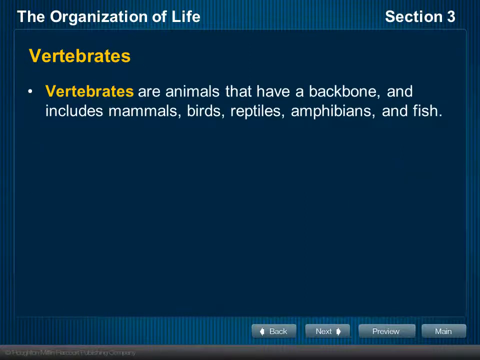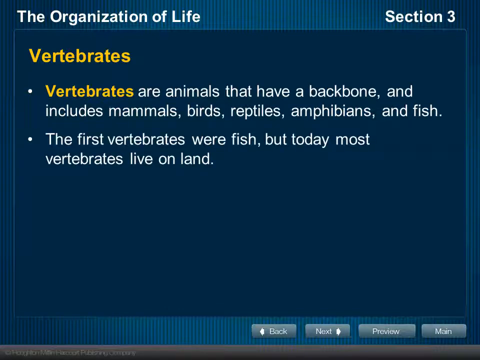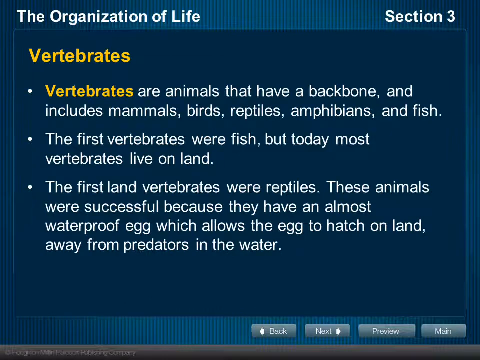That brings us to vertebrates, which are animals that have a backbone. These would be mammals, birds, reptiles, amphibians, and fish. So we see quite a variety that are in the vertebrate category. And we look at fish and we can look at reptiles.